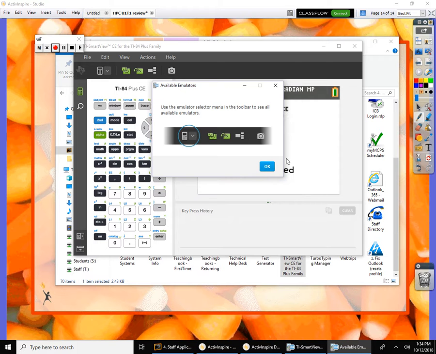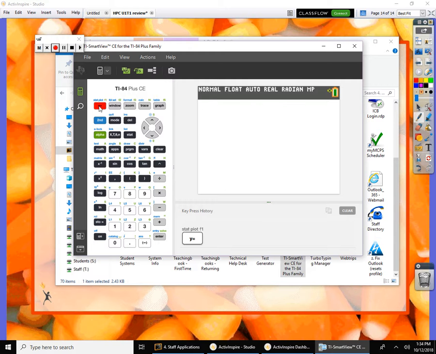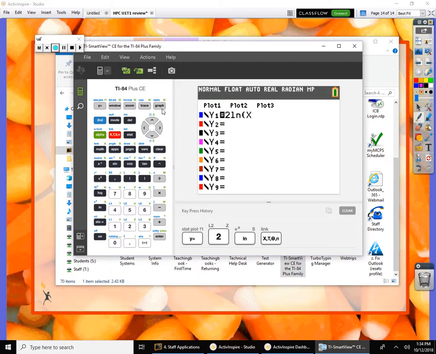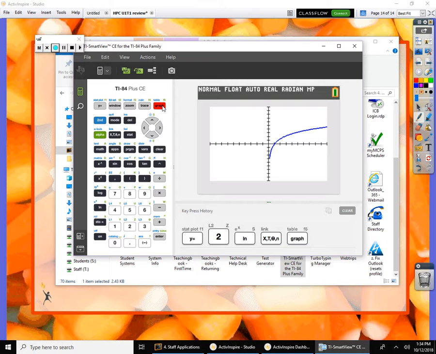I know. Sorry. Okay, so I'm going to go to y equals, and I'm going to type, what's the first equation? 2 natural log x. I'm going to hit graph. Okay? All right. Where is that bounded? Do I know the min or the max? I know the min, so it's bounded below.